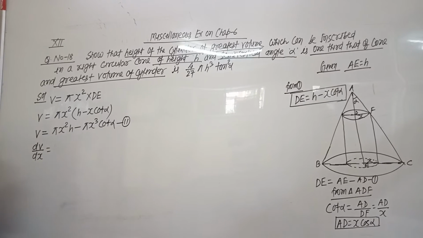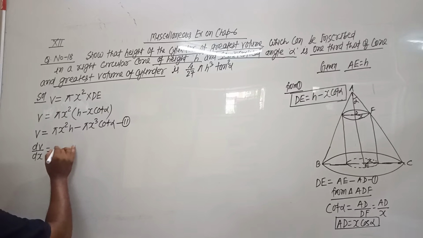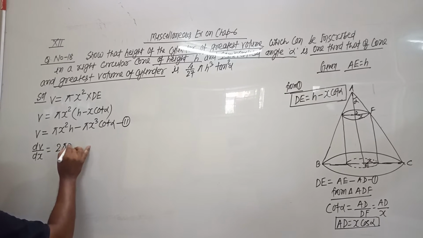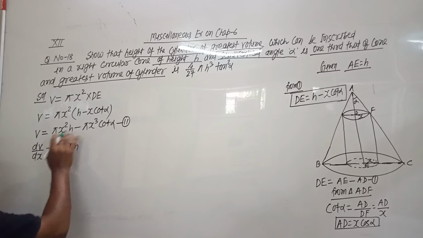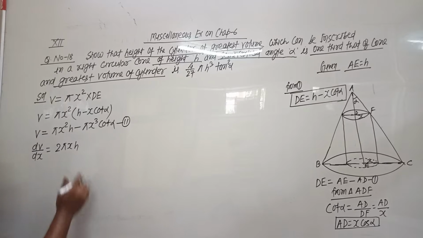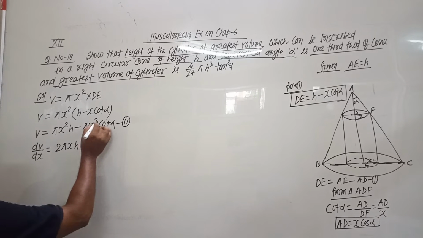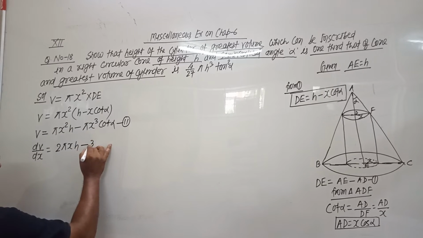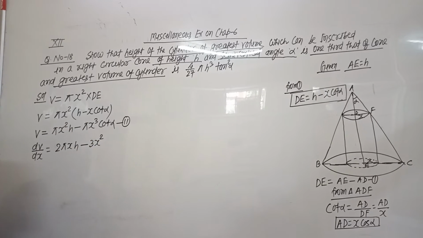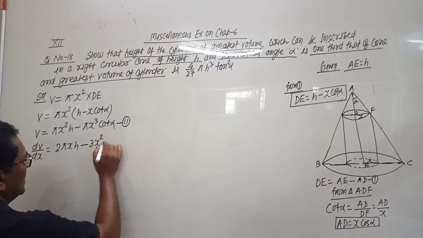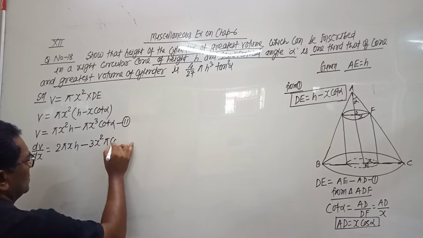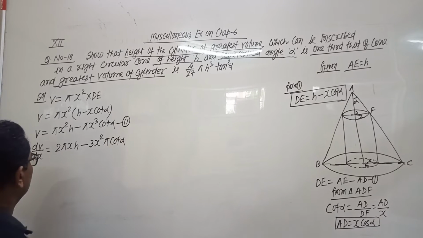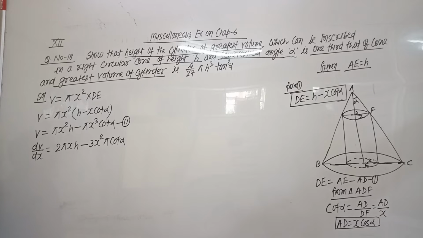Differentiation of x square is 2x, so 2 pi x h, where h is constant, minus the differentiation of x cube, which is 3x square, times pi cot alpha, the constant.